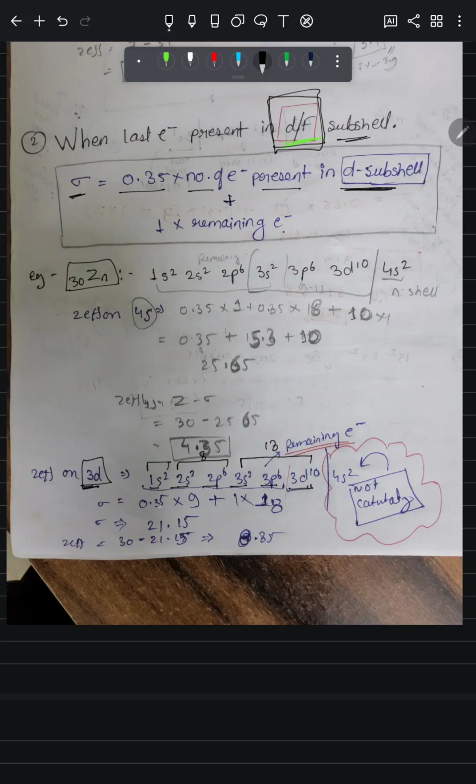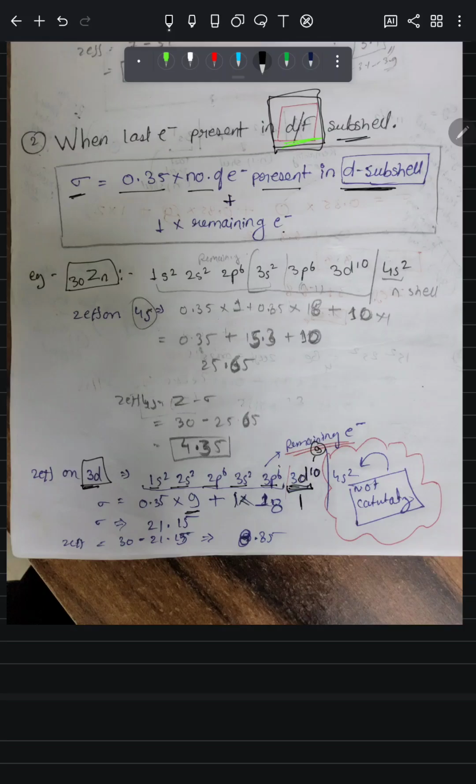So the sigma value is 0.35 according to the formula into 9. What is 9? 9 is the number of electrons present in the d orbital. There are 10 electrons, so 10 minus 1, 9 electrons will remain. We were calculating 1, so 9 is multiplied, plus 1 into the remaining electrons.